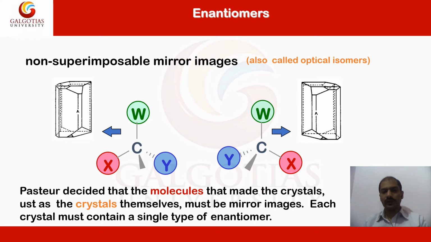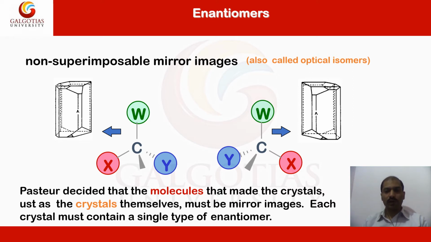You can see this is the mirror image. If you put the mirror here, this Y is just the mirror image of that Y, and once you try to superimpose them, they are not going to be superimposed. So these are non-superimposable mirror images. These are also enantiomers.